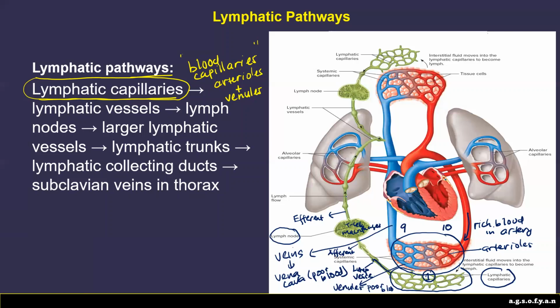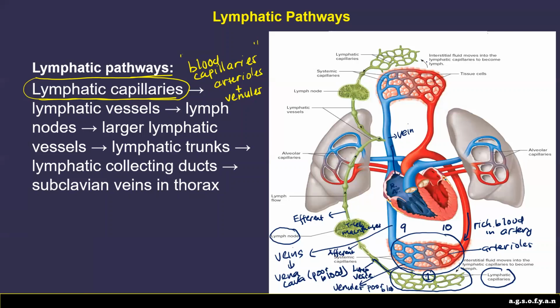It goes to these veins over here. It drains the fluid into the vein and finally will enter into the right atrium.